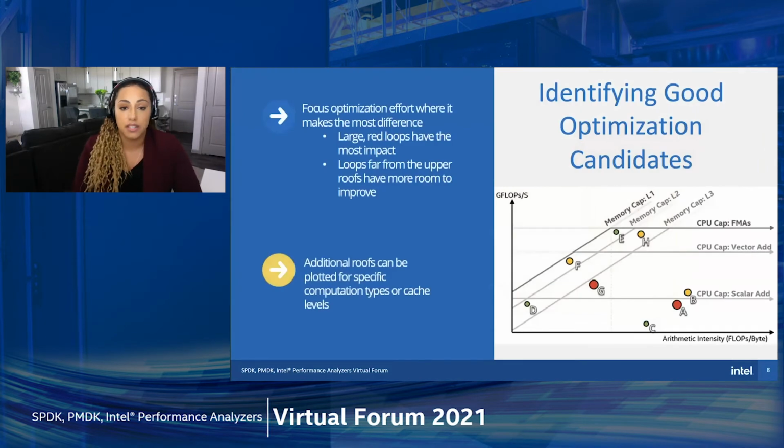Identifying good optimization candidates. Here, we're going to keep building off those last couple of slides, just going over roofline conceptually. We want to note here that the sizes of the plotted loops and functions are going to correspond with their levels of impact. So the large red plotted loops and functions, those large red dots essentially, are where Advisor is saying, hey, this is where you want to spend time.